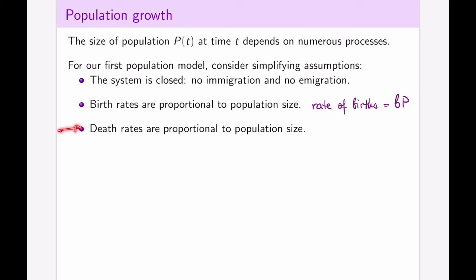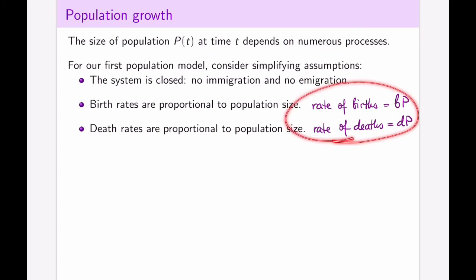We're going to assume something very similar about death rates. We're also going to assume that they are proportional to the population size. Again, this is our very first model, so it does have simplifying assumptions. More realistic population models will involve the fact that, for example, death rates are density dependent. The denser the population, the higher death rates actually are.